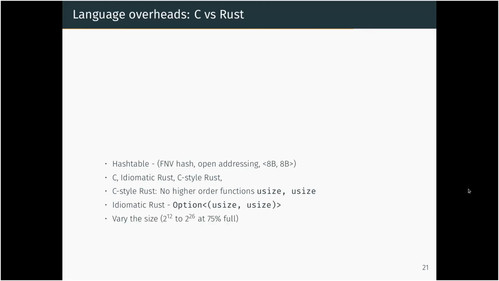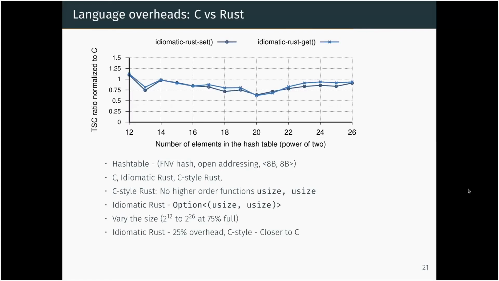We vary the number of entries in the hash table from 2 to the power 12 to 2 to the power 26 and keep the hash table at 75% load. We plot the cycle time for each operation normalized to the plain C version. On most of the hash table sizes, our implementation in idiomatic Rust remains 25% slower than the one in plain C, whereas C-style Rust performs more or less equal to plain C.